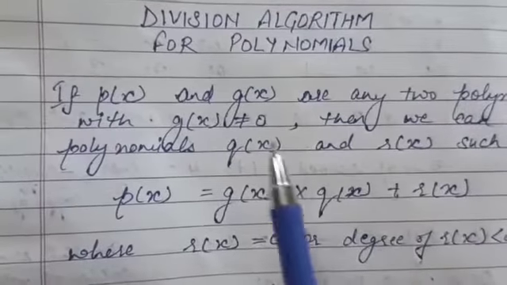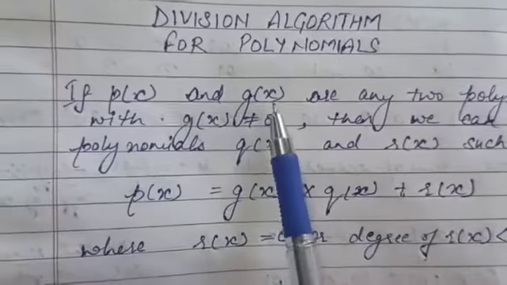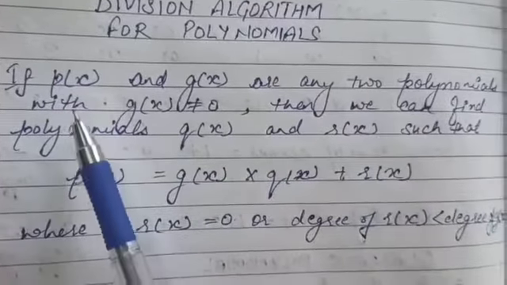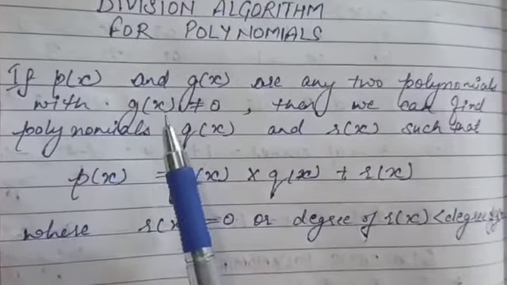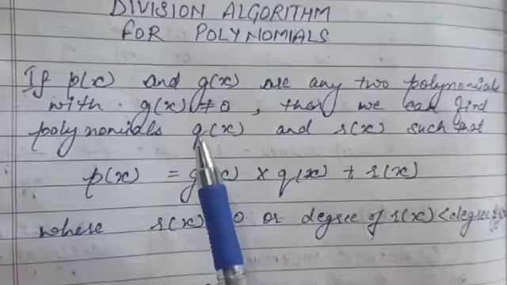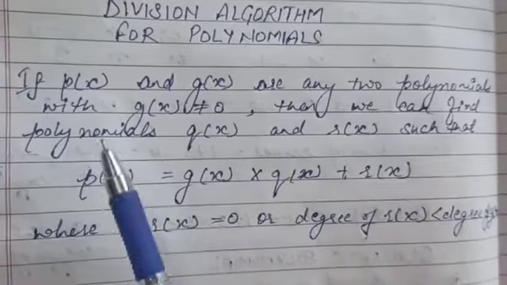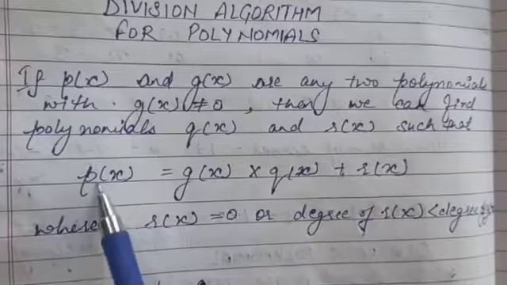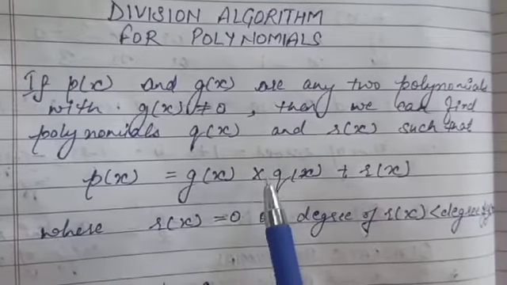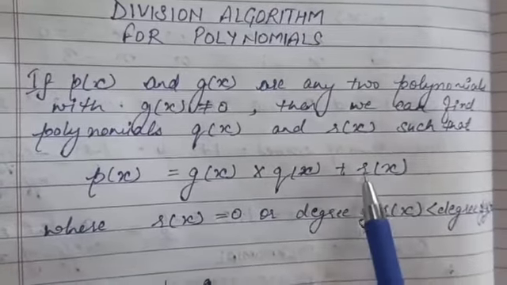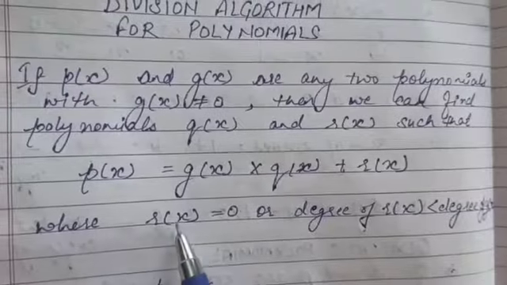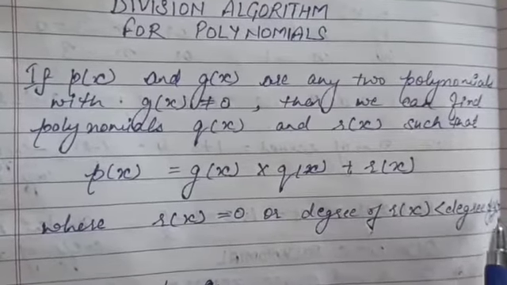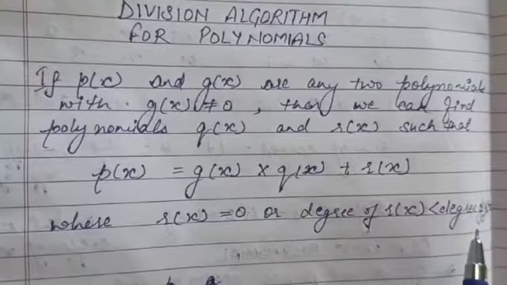It says if p(x) and g(x) are any two polynomials with g(x) not equal to 0, then we can find polynomials q(x) and r(x) such that p(x) equals g(x) into q(x) plus r(x), where r(x) is equal to 0 or degree of r(x) is less than degree of g(x). Now let us understand this definition.